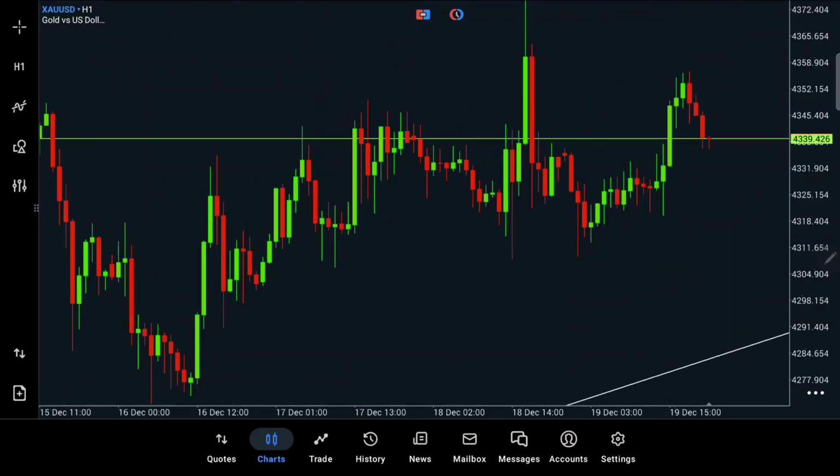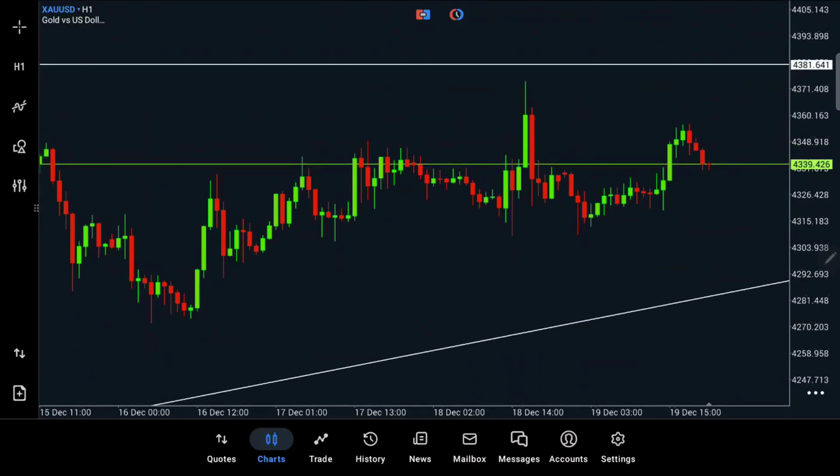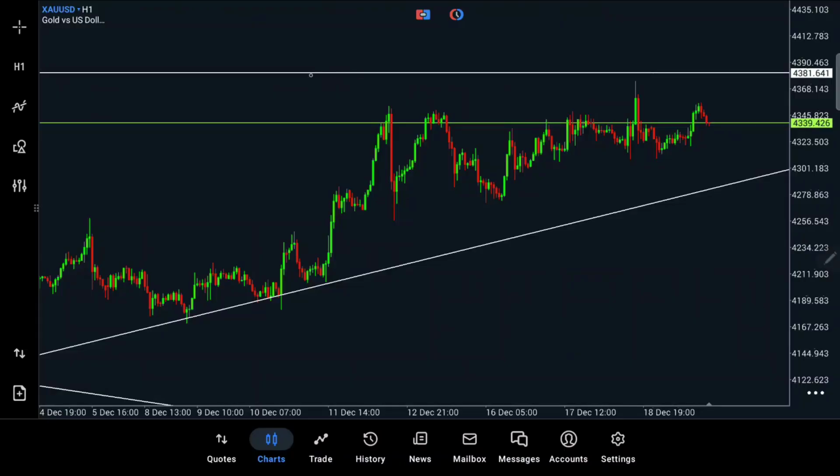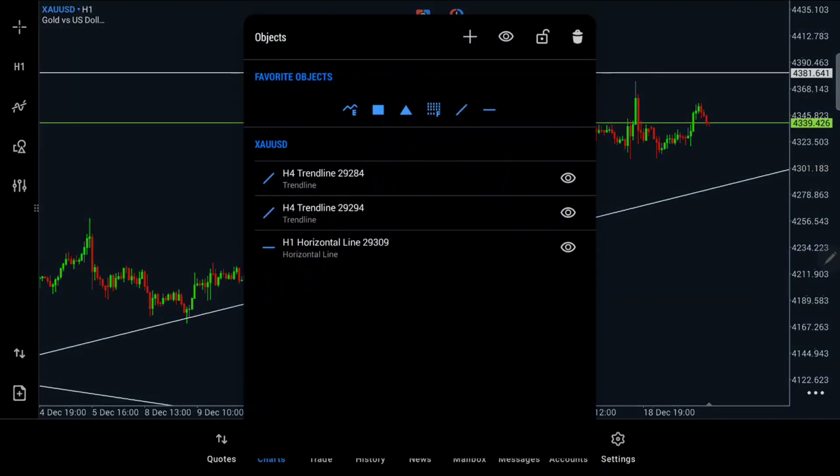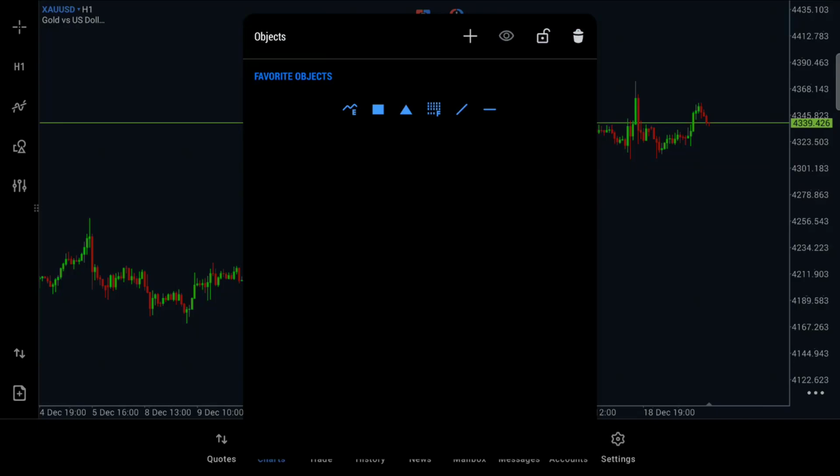Okay, we already set it, and let's get back down, and I can consider that particular area, this area to this area, as our buying and selling zone. So we can take a buy entry in the lower zone, and we can take a sell entry in the higher zone. This is the basic theory.